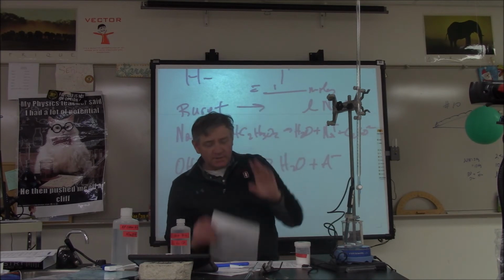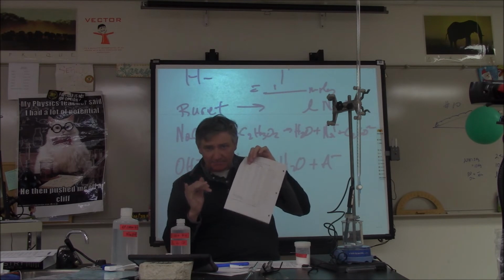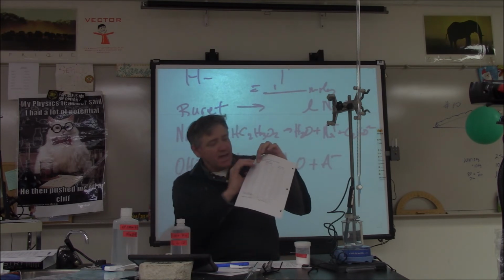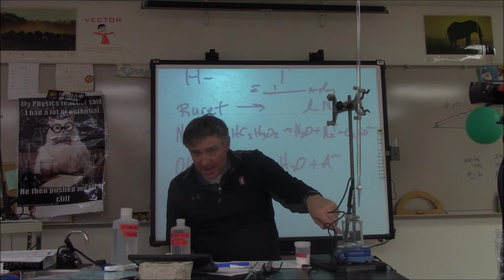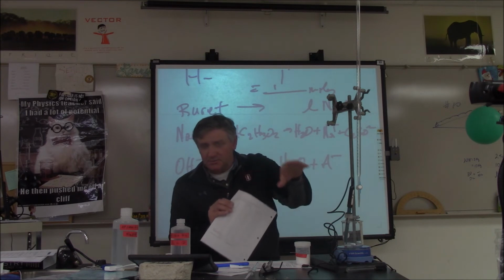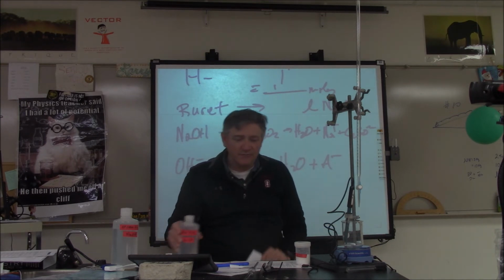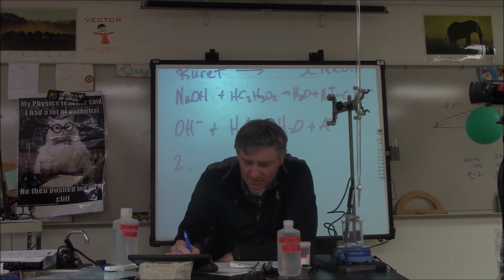Now, what you want to do is add about 2 milliliters at a time. So you're going to add 2 milliliters of your base, let that react, record the pH. Add another 2 milliliters, record the pH. So for about the first 10, you're going to go 2, 4, 6, 8, 10.